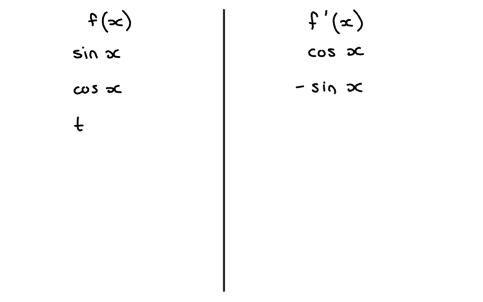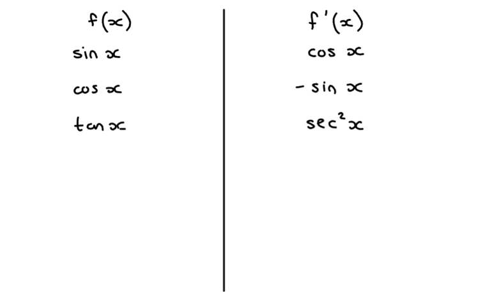We'll just summarize them. The first one, my original function sine x, has derivative cos x. The derivative of cos x we found to be negative sine x. The derivative of tan x we found to be sec squared x.